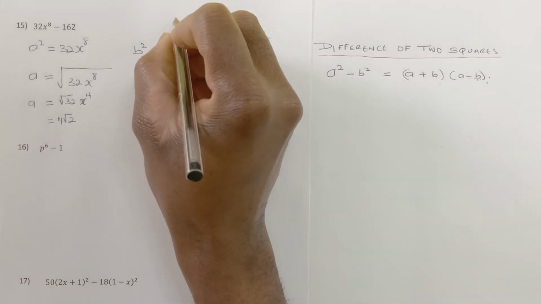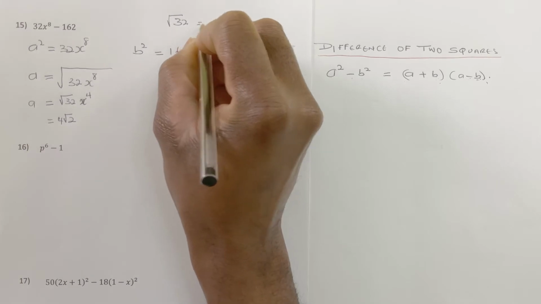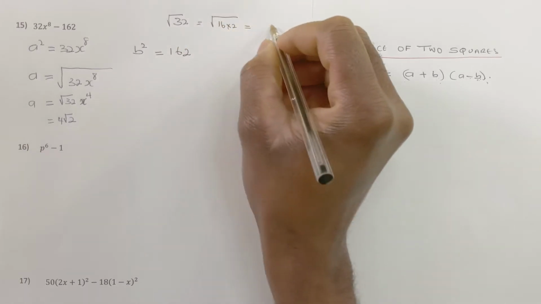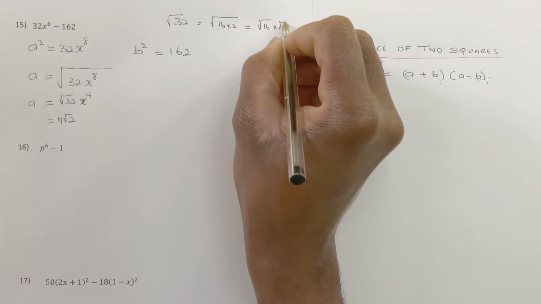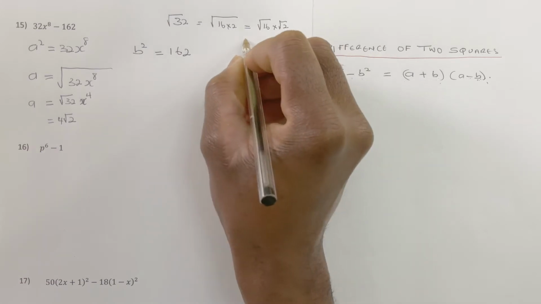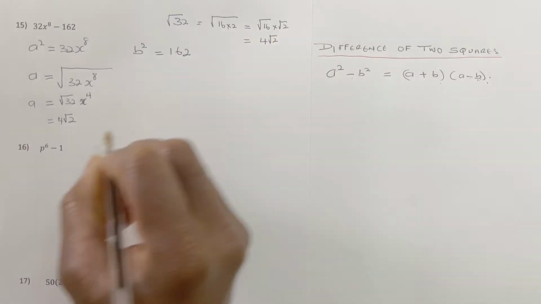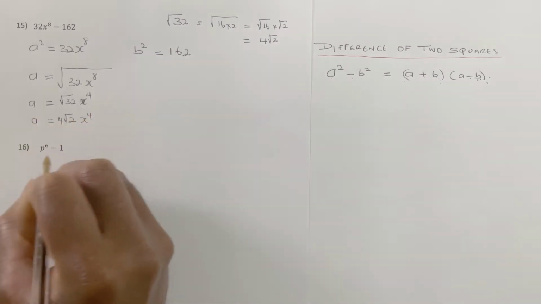If you're not sure, root 32 is root of 16 times 2, which is root of 16 times root of 2, and that will be 4 root 2. So that's 4 root 2 x to the power 4, that's a.